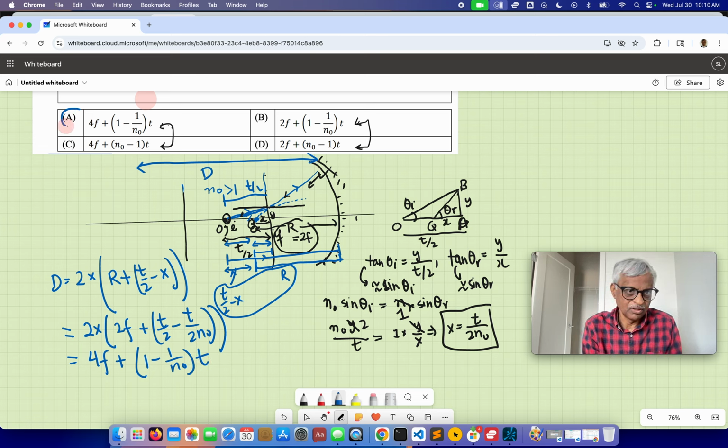All right, that's one using this idea that when returned to the same place. So of course, this is one mirror.